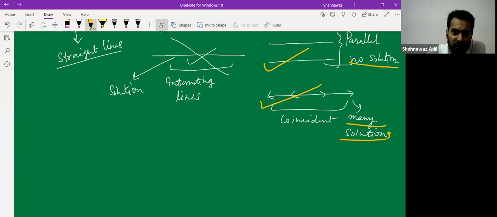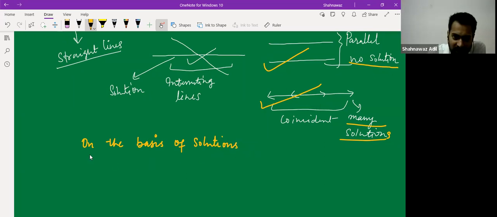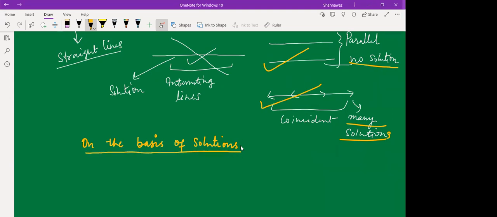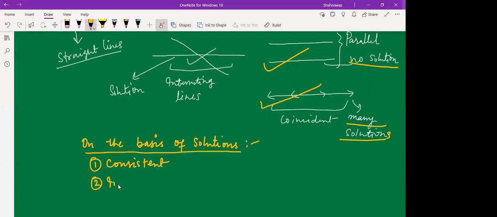So on the basis of solutions, how many types of linear equations in two variables are there, Rizwan? Two, sir. Yes, right, two. So I have got bright students. On the basis of solutions, two types: one is consistent, and the other one is inconsistent.